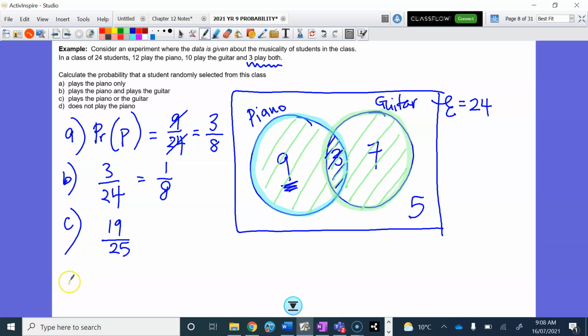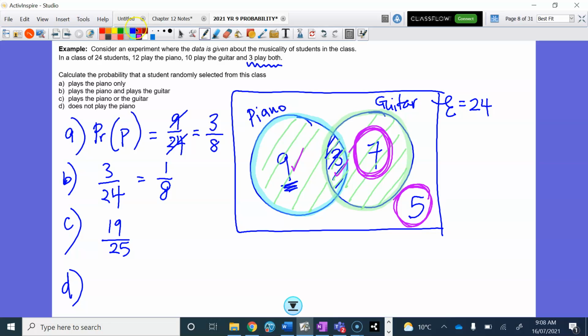Our final one is the probability that the student does not play the piano. The only ones that we are interested in here, these students don't play either, and these students here don't play the piano. These ones do, and so do these ones, so we're not interested in those. We're only interested in the ones who do not play the piano.